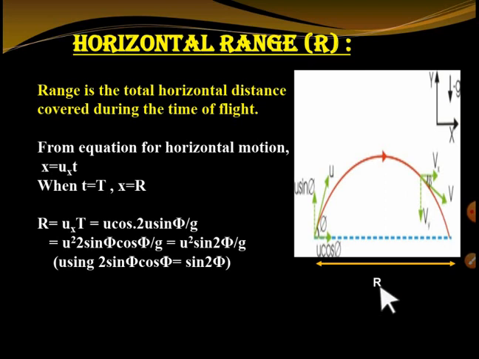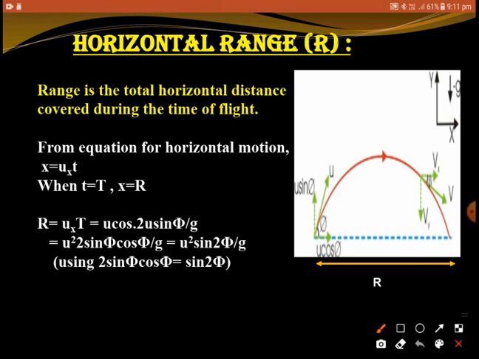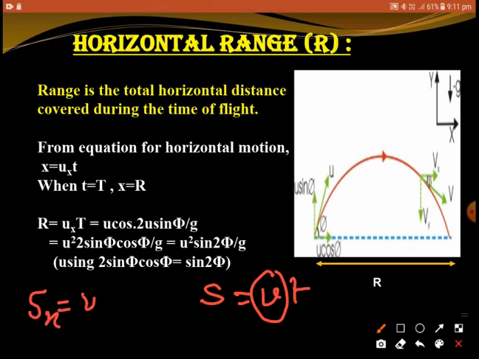And we can easily find this because the motion along the horizontal direction is uniform, so we can simply use s is equal to vt. S is your distance, v, and t. Why? Because we can use this relation only when v is uniform. For us it will be s x, and v will be vx, and t will be your time of flight.